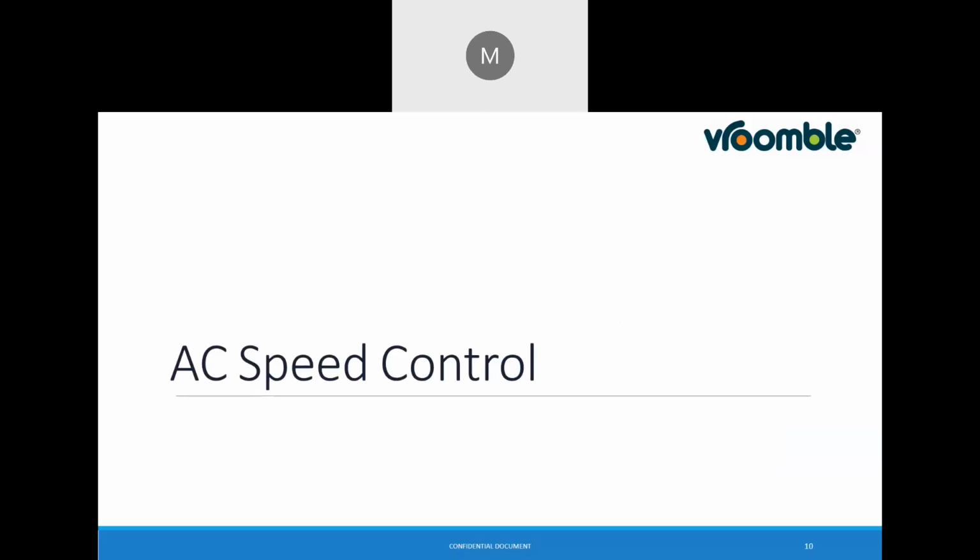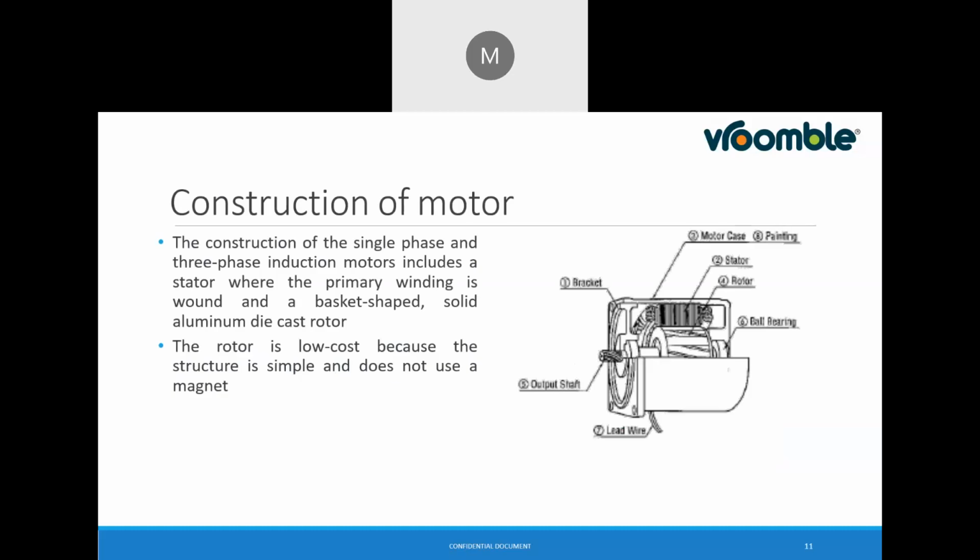So how do we do the speed control for the AC motors? In general, the construction of the single phase motor is with windings at a stator and rotor. But for the three phase induction motor, it includes a stator where the primary winding is wound, and a basket shaped solid aluminum cast rotor.